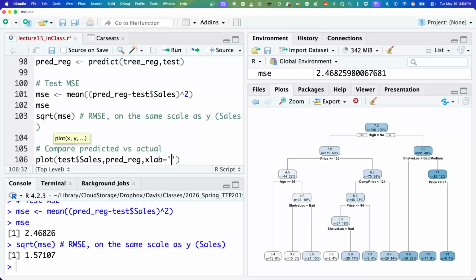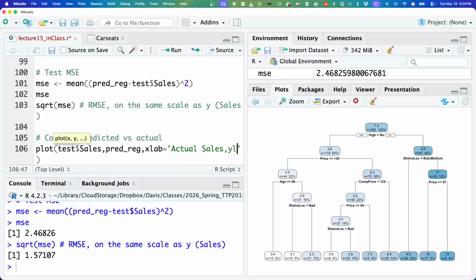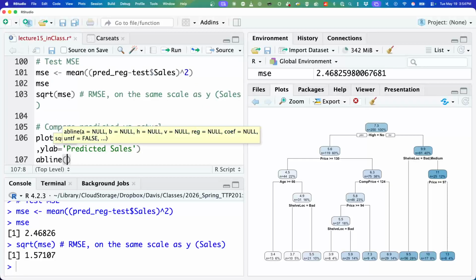So xlab is actual sales, y is predicted sales. And then we can do an abline 0, 1, color equals red.